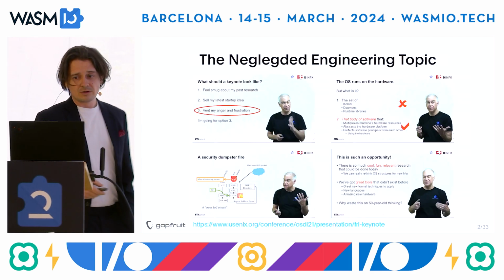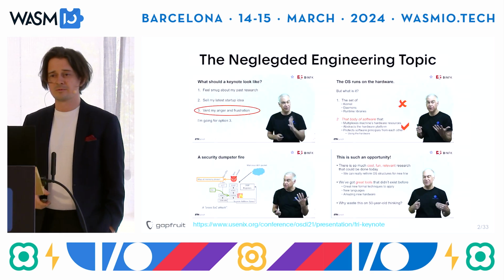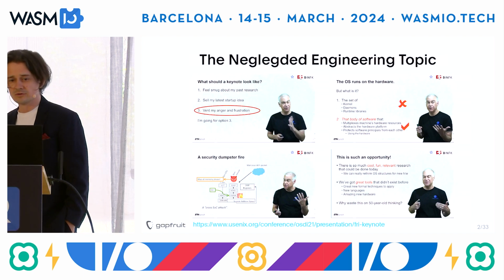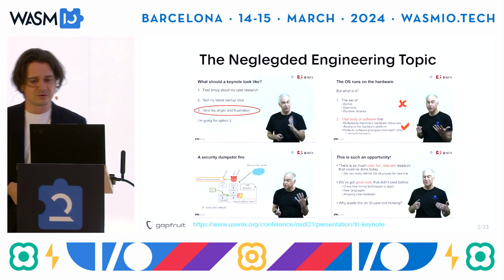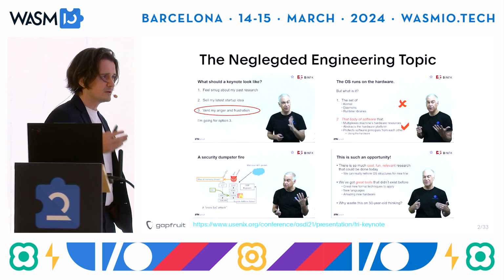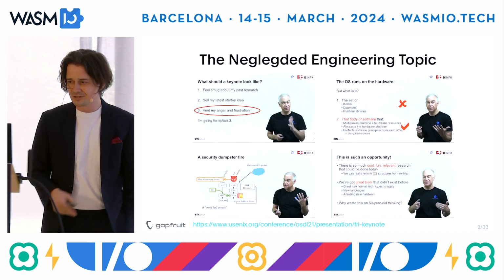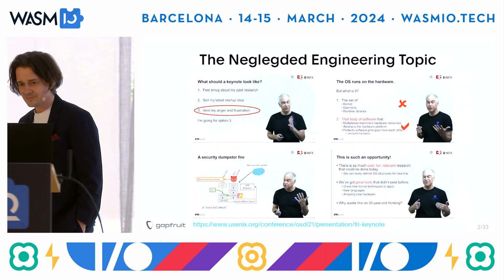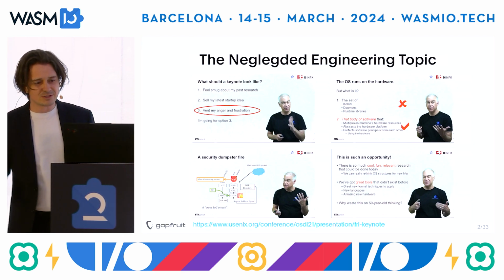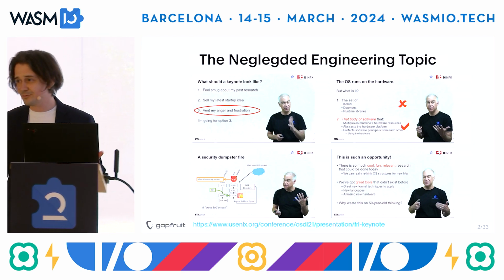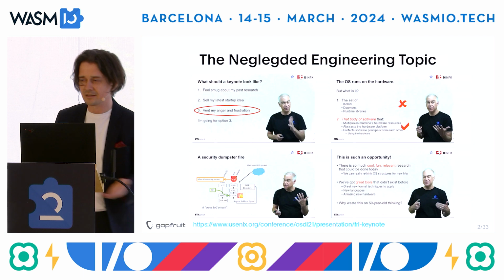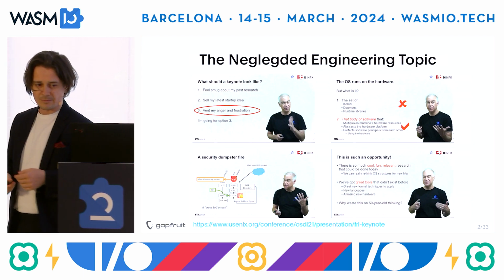So, 3 years ago, the infamous Professor Timothy Roscoe gave a keynote at the USENIX conference where he ranted about the lack of innovation in systems engineering. Well, times are changing. On the one hand, we have new app runtimes, such as the ones for WebAssembly.